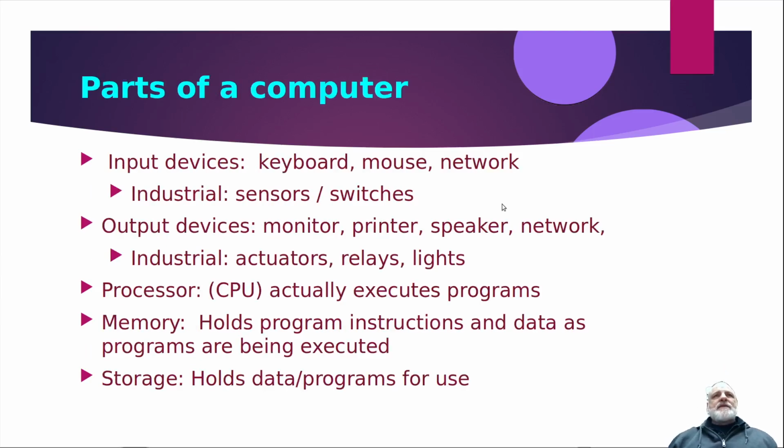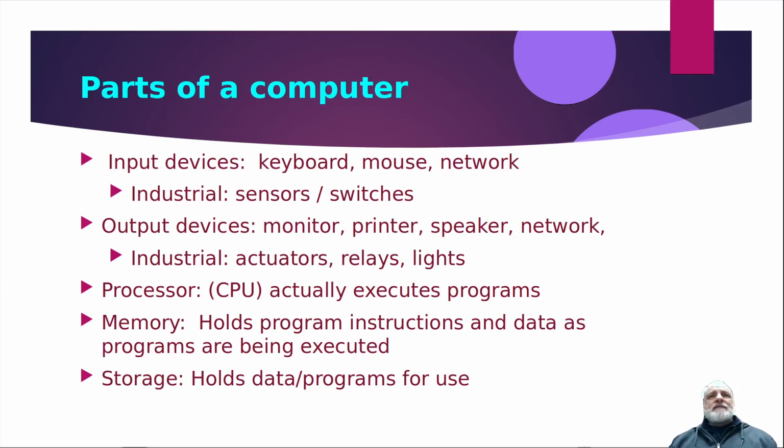So parts of a computer. Of course, the standard parts of a computer, we have input devices, which are keyboards, mouse, and the network connection. And then for the industrial computers or PLCs, we also have sensors and switches, which are ways to send inputs to the controller.